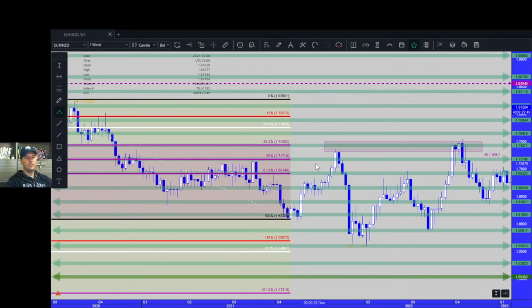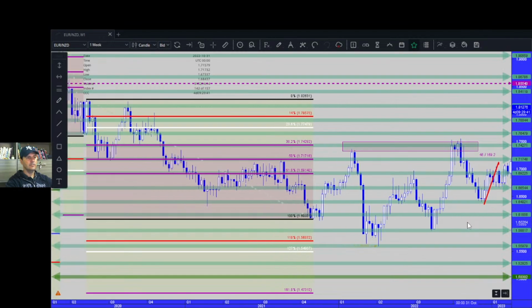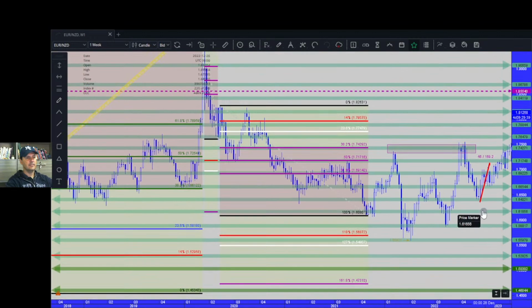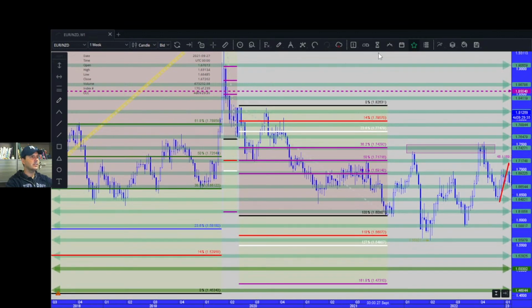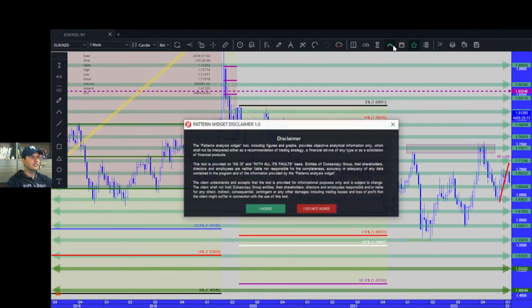Or seeing the unicorns, rainbow dolphins, and some of you shorted the market in here thinking that this market, where is the unicorn?